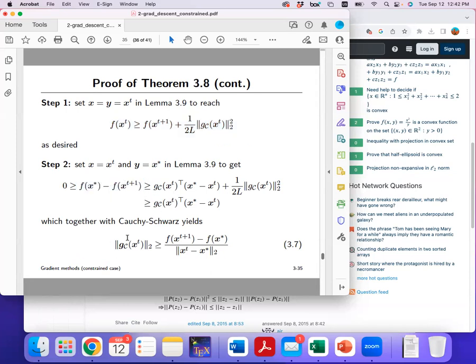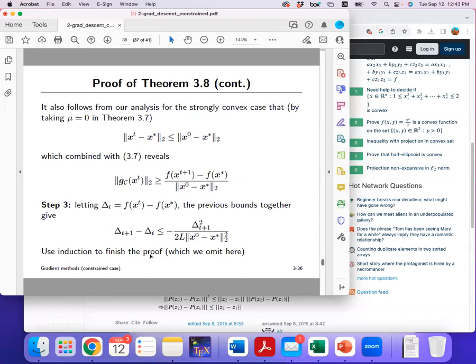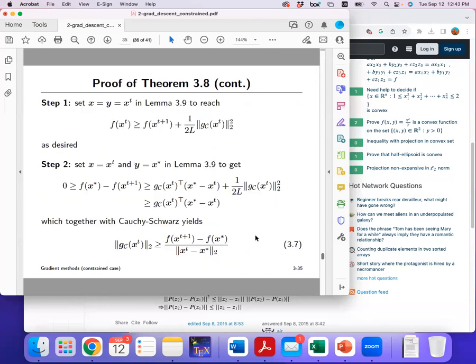And from here, we can get an estimate on the norm of the generalized gradient GCX. And then combining step 1 and step 2, we can get such a recursion in step 3. And this recursion can imply the convergence result. So this is the general proof logic.